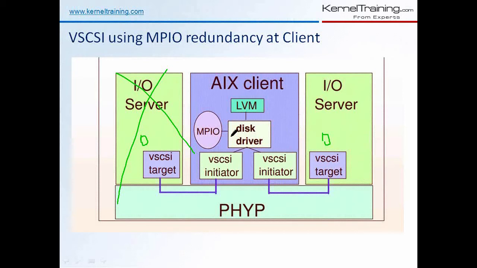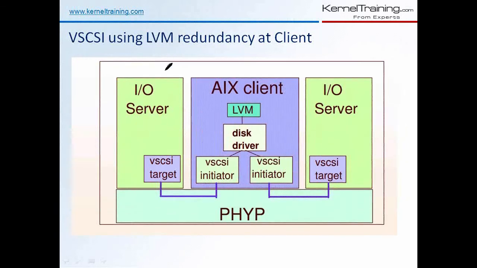Or I can create a volume group and create an LV on the client side. Either way you can use it. This is VSCSI using LVM redundancy at client level. As I have already spoken, either you can share the same LUN through both VIO servers, that means the same disk you are sharing.